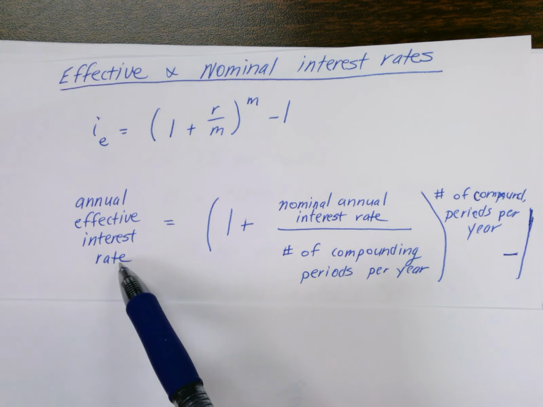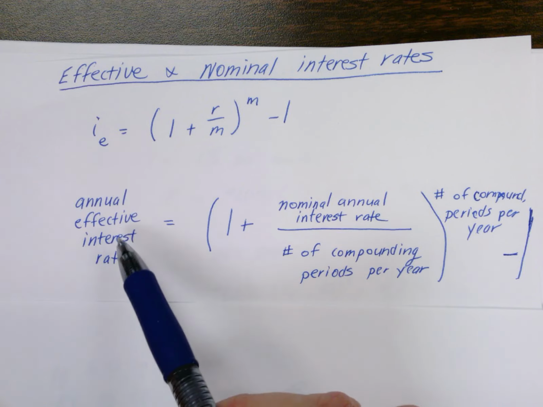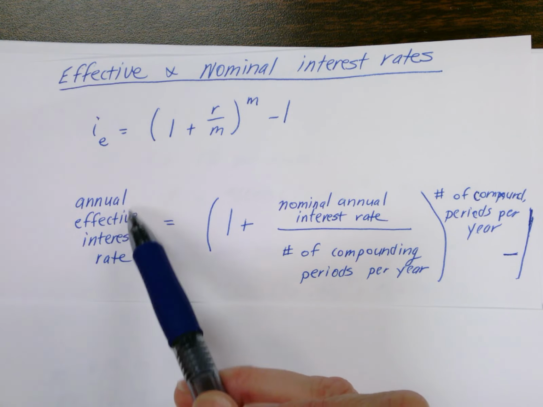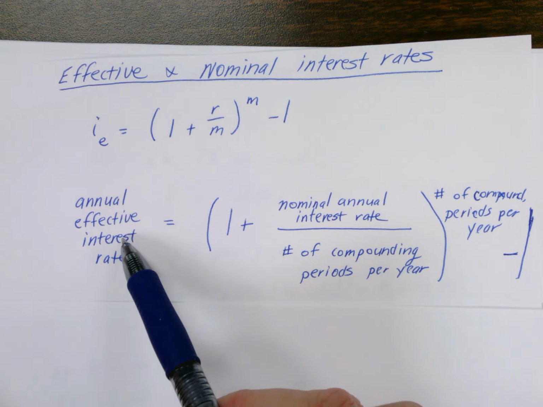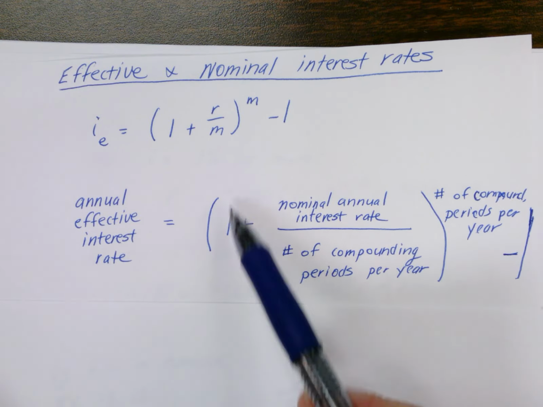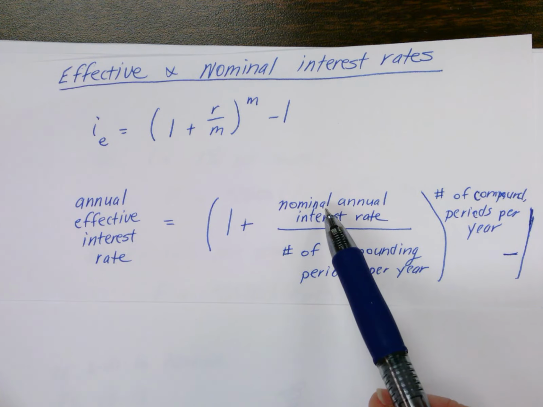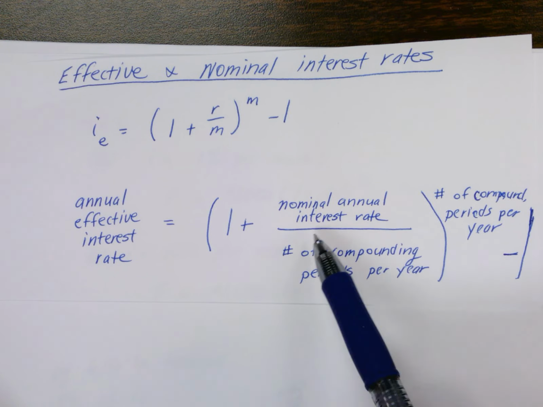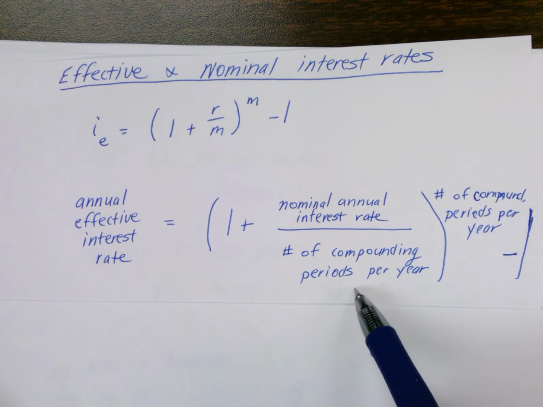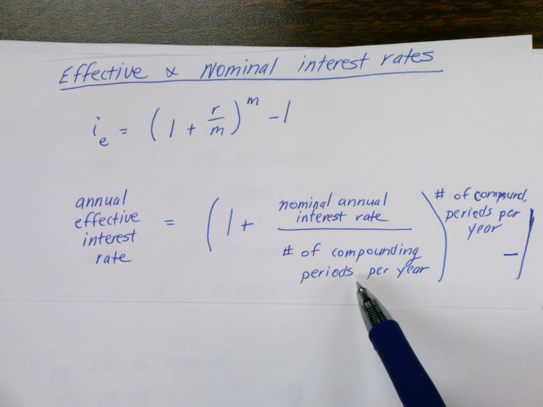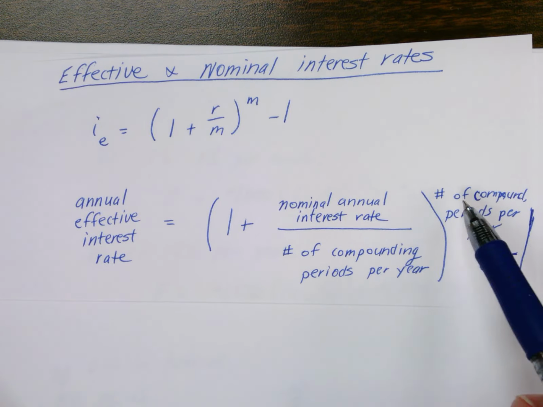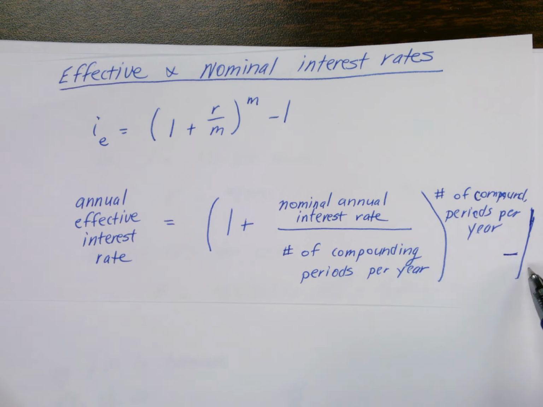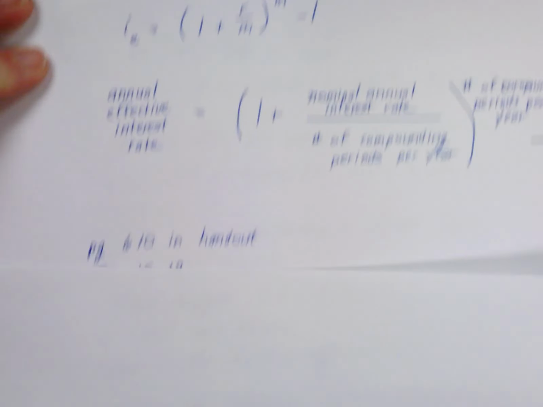The annual effective interest rate for the whole year, not contract or stated, but effective interest rate with compounding, is 1 plus the nominal or stated contract interest rate for the whole year, divided by the number of compounding periods in that year. Then take that whole thing to the exponent of the number of compounding periods per year, the same number, and then subtract 1.